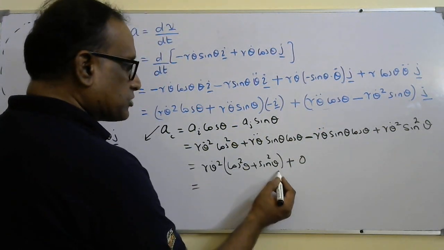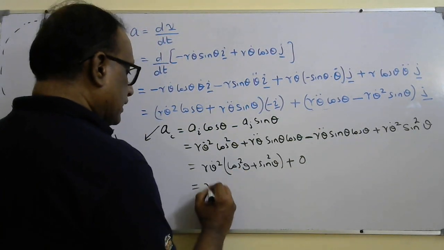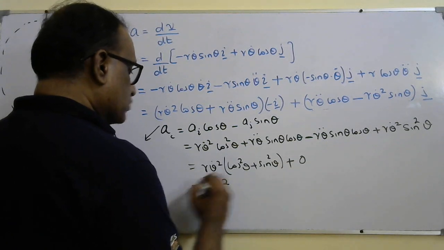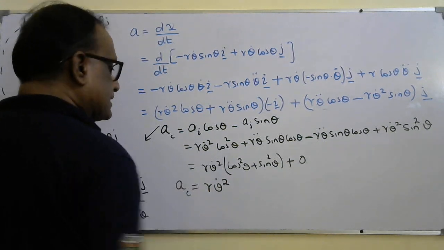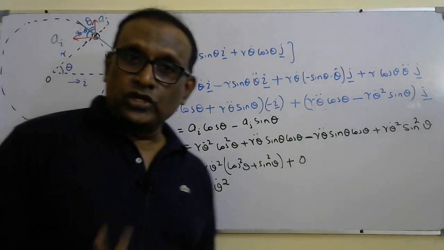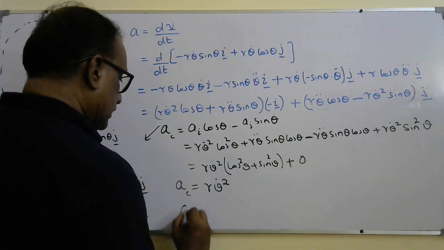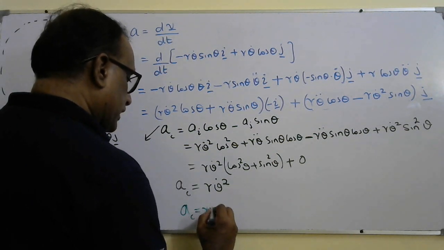Sine square theta plus cos square theta is equal to 1. So the acceleration towards the center, that is the centripetal acceleration, is r theta dot squared. Theta dot is the angular speed omega, so it is r omega squared. a_c equals r omega squared.